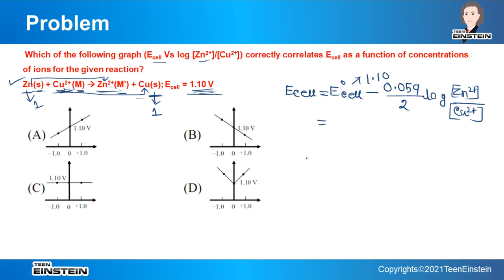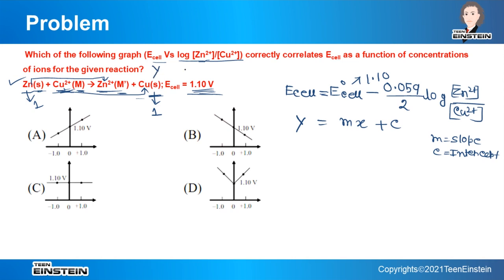We will compare this equation with y equal to mx plus c, which is the equation of a straight line with intercept. So here m is slope, c is intercept, and what is our y? Y is E cell, because it is E cell versus log of Zn2+ over Cu2+.